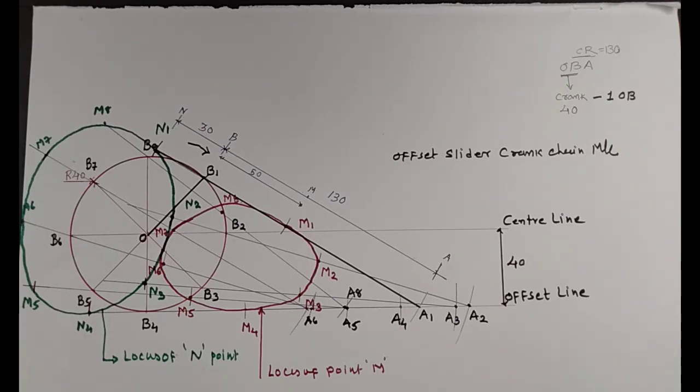Either it is called a simple slider or an offset slider. In a simple slider, the center of the crank and slider point A both slide on the same central line. But in this problem, our slider point A slides 40 mm below the center axis, so we call this problem an offset slider crank chain mechanism.